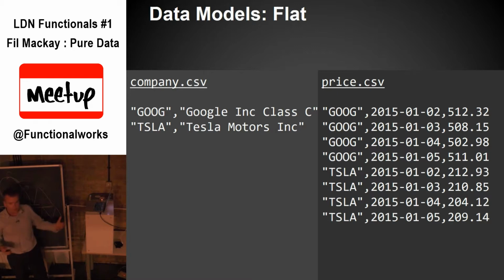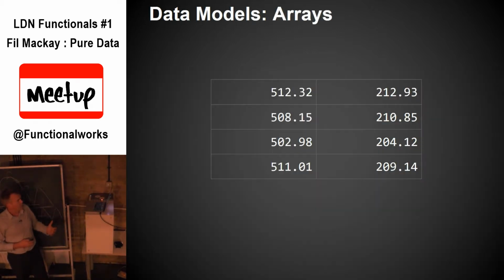You've got the flat model, which is, I don't know, using grep, using Hadoop, anything that'll basically read data as if it's just a bunch of bytes. You've got arrays if you want to take a NumPy or similar approach.